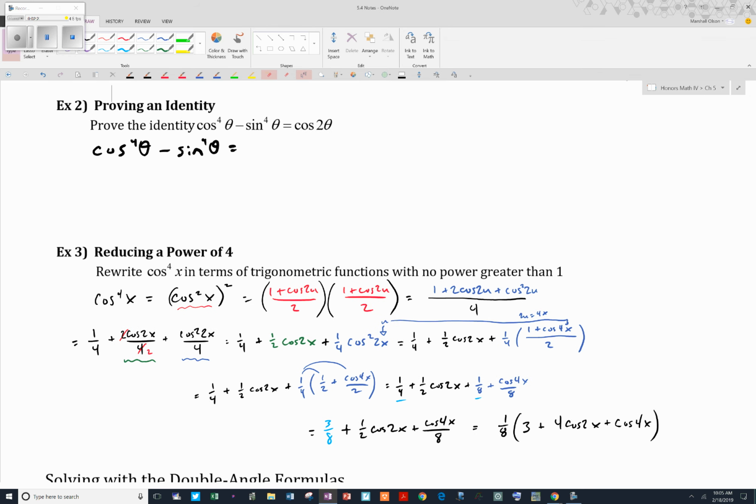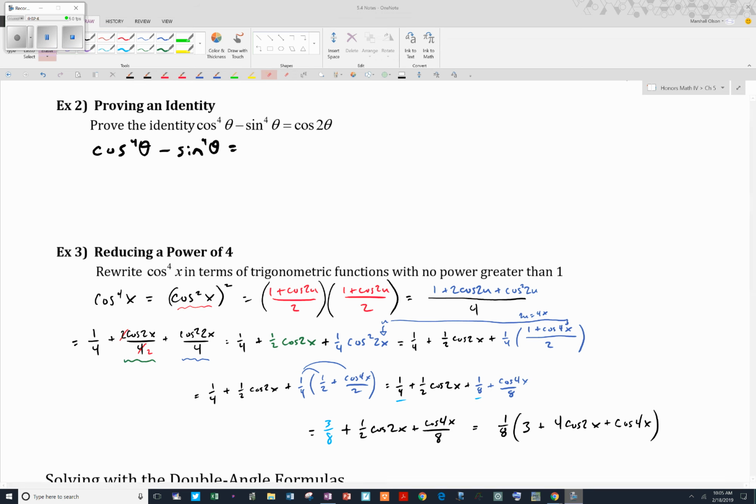All right, our next example here, we're going to prove that cosine to the fourth minus sine to the fourth equals cosine of 2 theta. What I'd like you to notice first is that we have a difference of perfect squares pattern, because each of these are perfect squares.